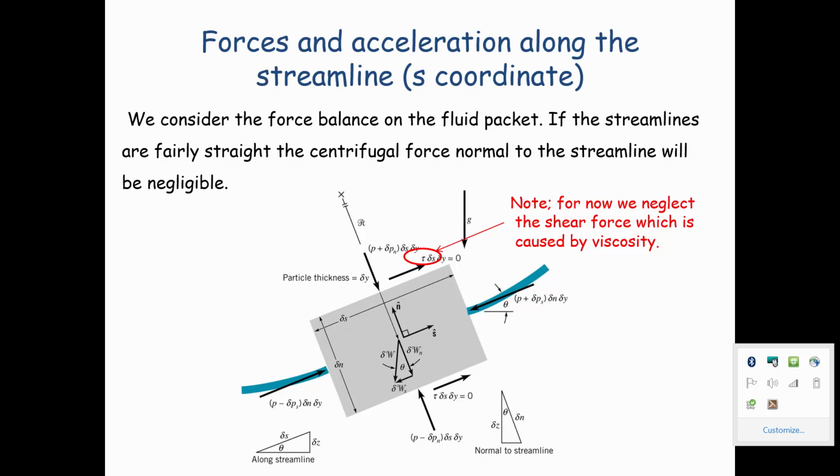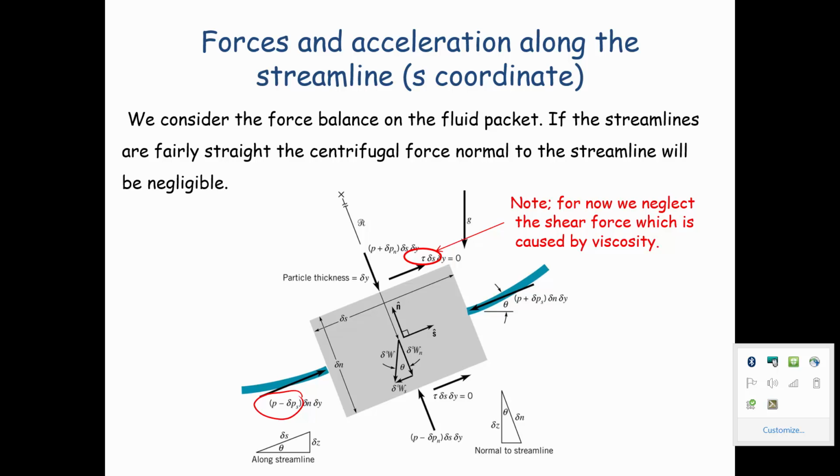So if you look at this packet, we've broken down the forces into pressure forces that are acting on the surfaces. If we look at the pressure forces on the upstream and downstream side of the packet, on the left-hand side we see a pressure P minus an increment in pressure, delta PS.